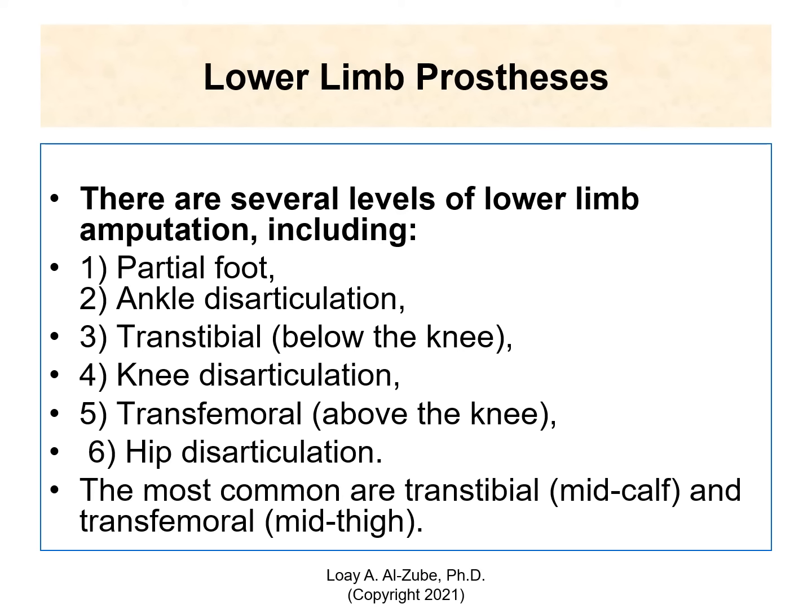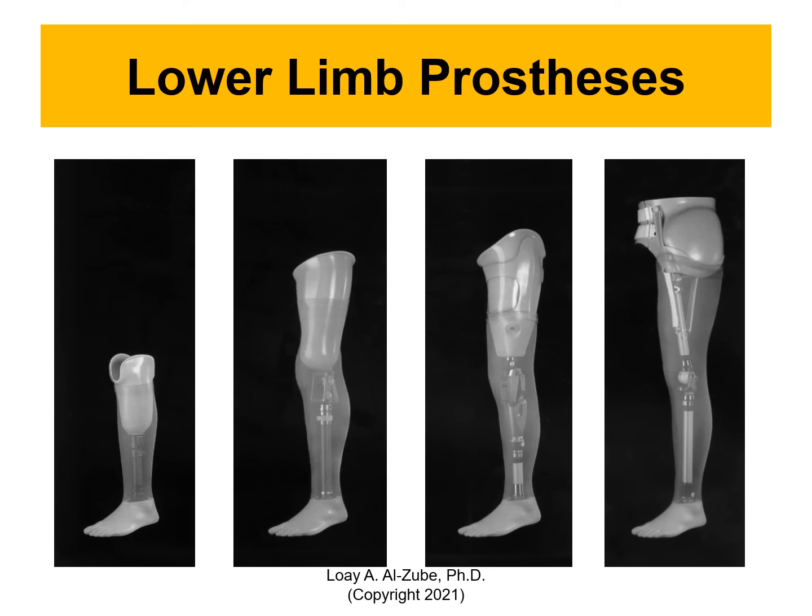Lower limb prostheses have several levels. Partial foot is here, and then you have the ankle articulation, mid-shank, and all of the other names that you have on the slide, up until hip disarticulation. Those are all the amputations, and how we do this depends on the surgeon and the situation of the subject.